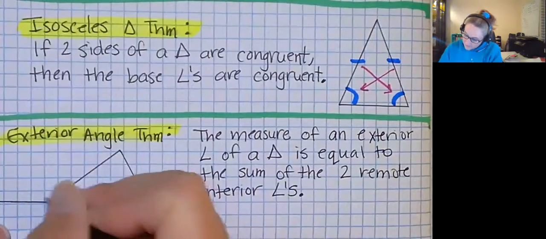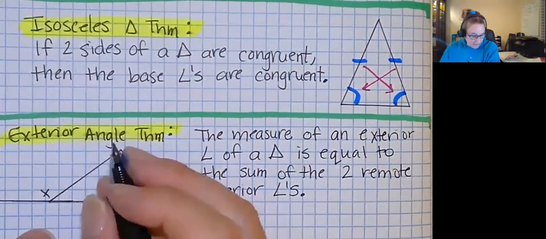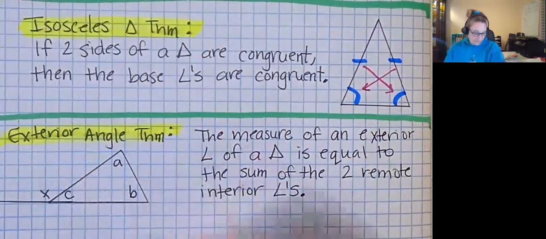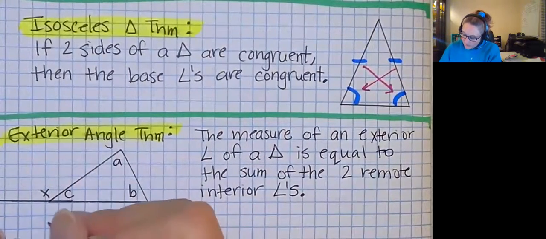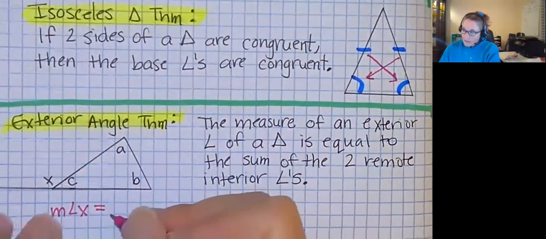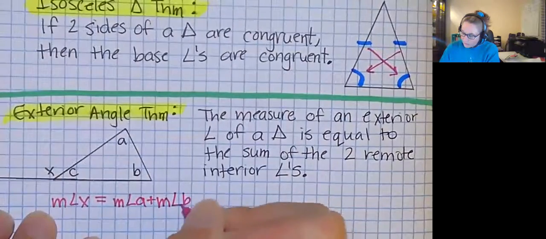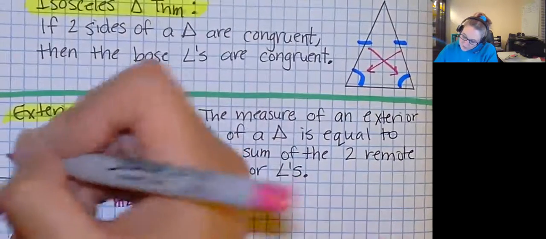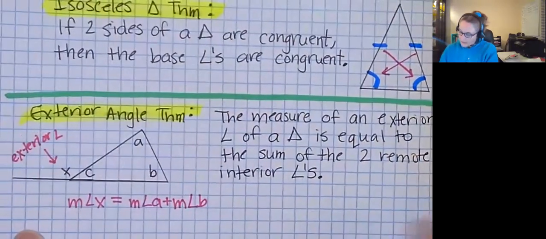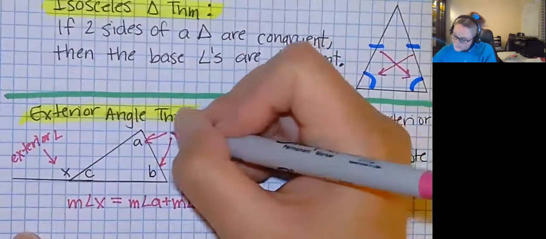So let's say that this angle here is X, and this is A, this is B, this is C. Then the measure of angle X is equal to the sum of the measure of angle A plus the measure of angle B. So this one here, X, that's your exterior angle, and A and B are your remote interior angles.